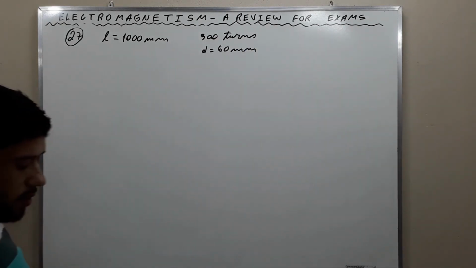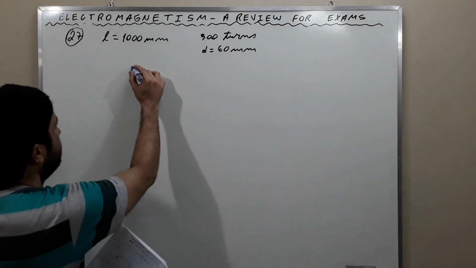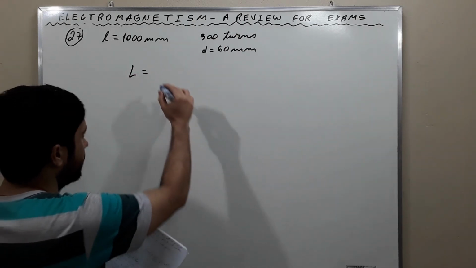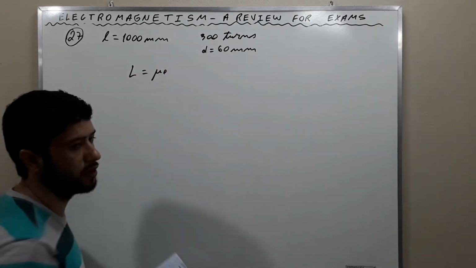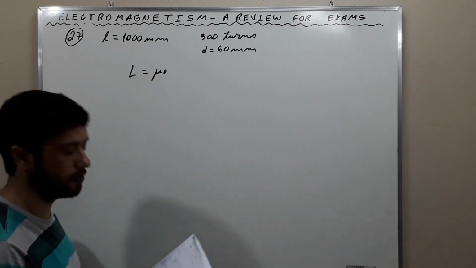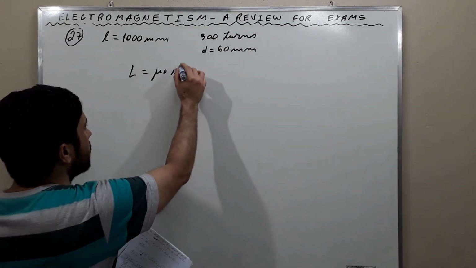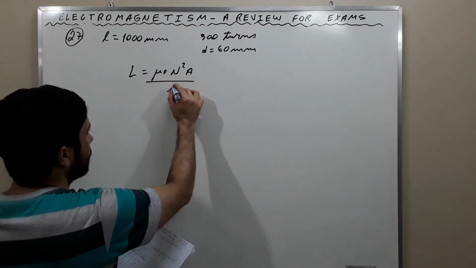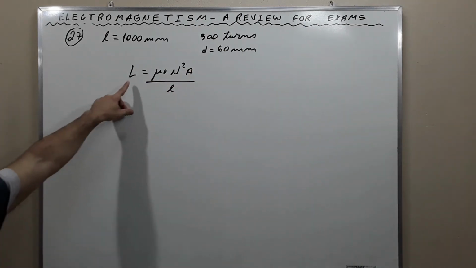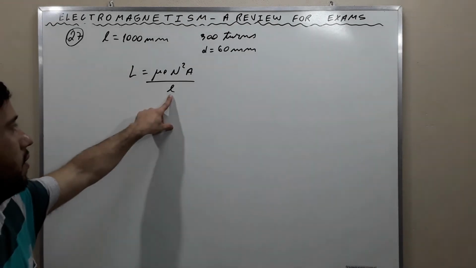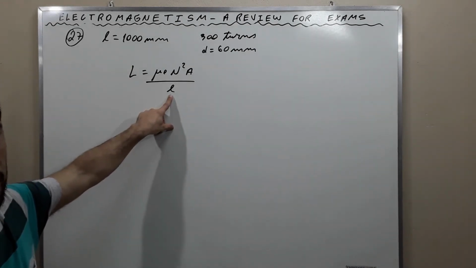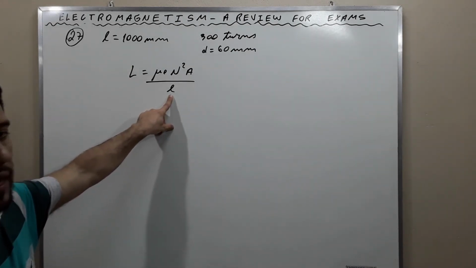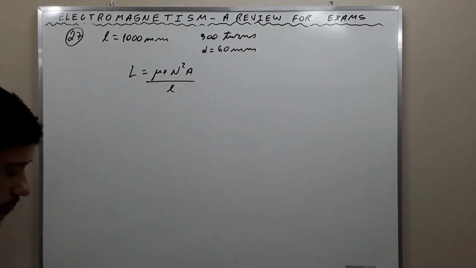And the solution is we simply apply this expression here of inductances for solenoids. This L here is the inductance, and this little l here is the length of the solenoid.